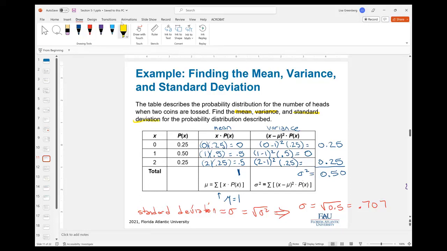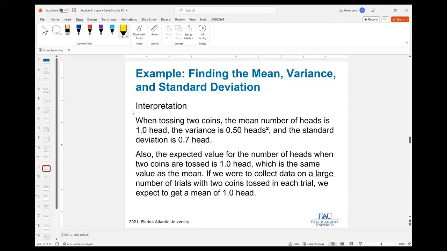And again, this is not how you'll be doing it, so nothing to worry about. So let's see what the interpretation of this is. When tossing two coins, the mean number of heads is one head. So if I toss two coins, it kind of makes sense. There's a 50-50 chance. So if I toss a coin, same as tossing one coin twice, the chance is that one time I'll get a heads and one time I'll get a tails, right?